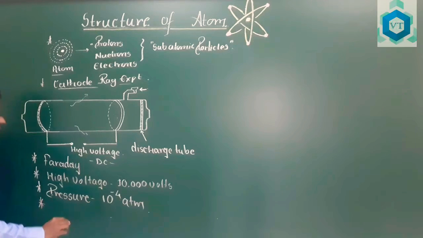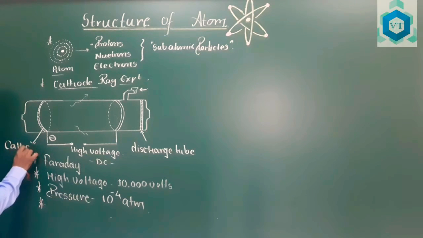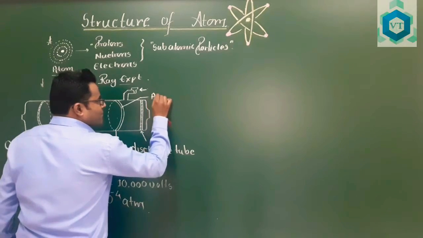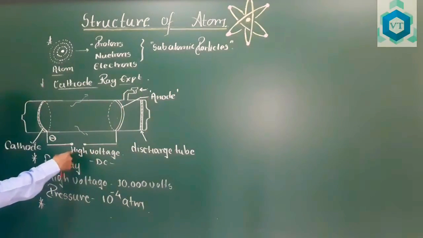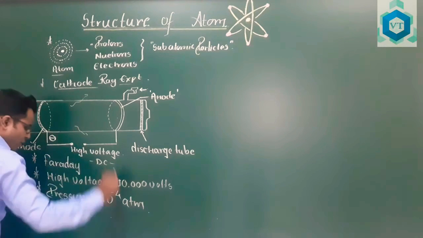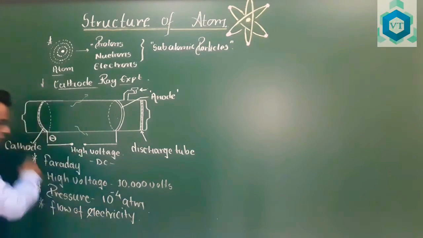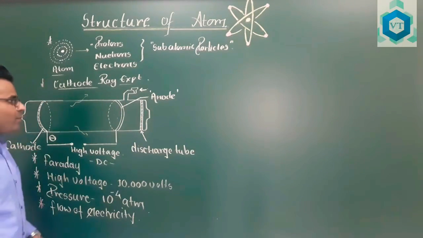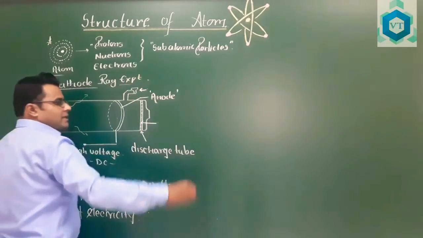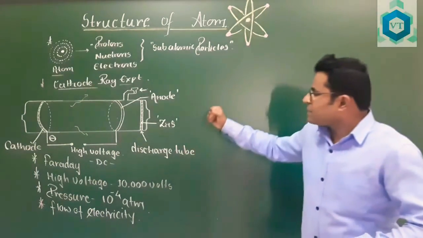Now, before proceeding further, I would like to tell you that the negative section over here is called the cathode. A screen is kept because it has a unique property.